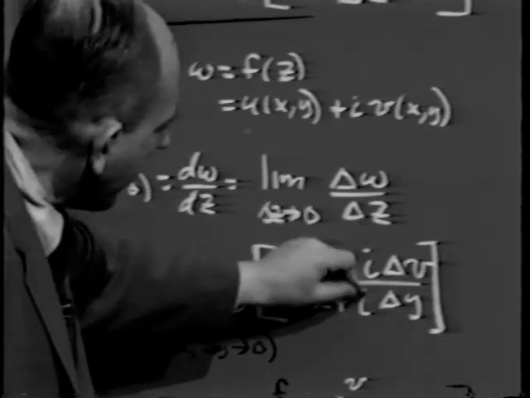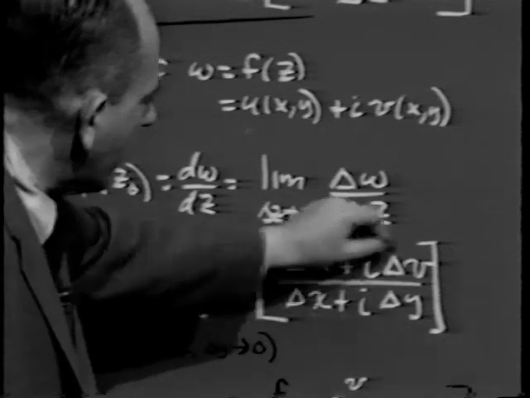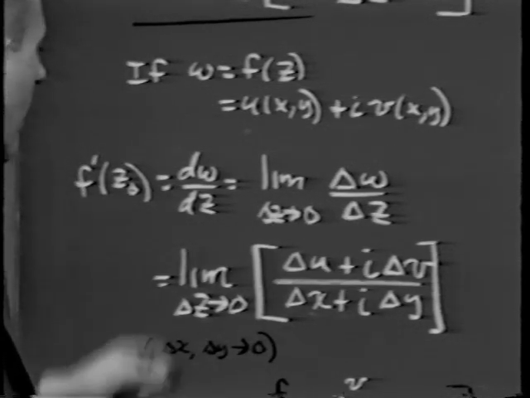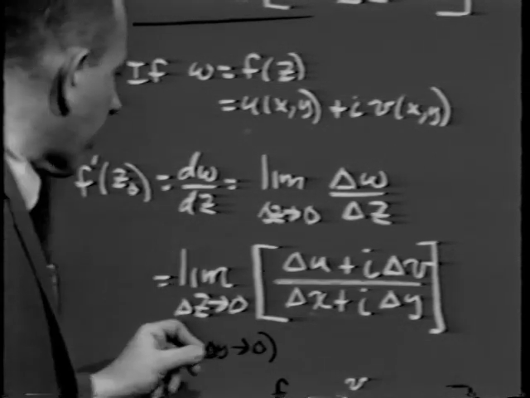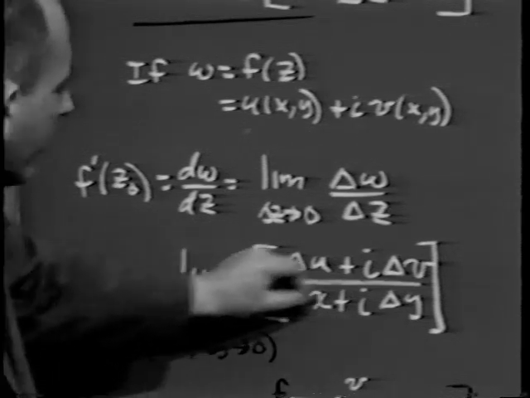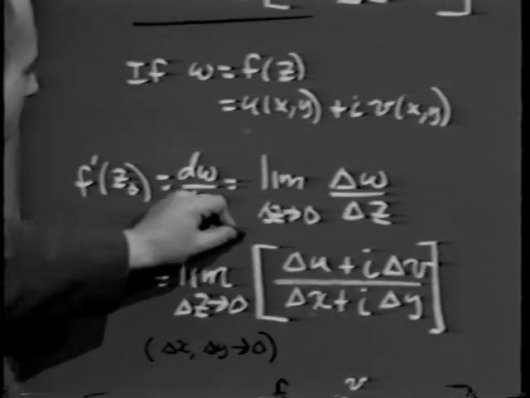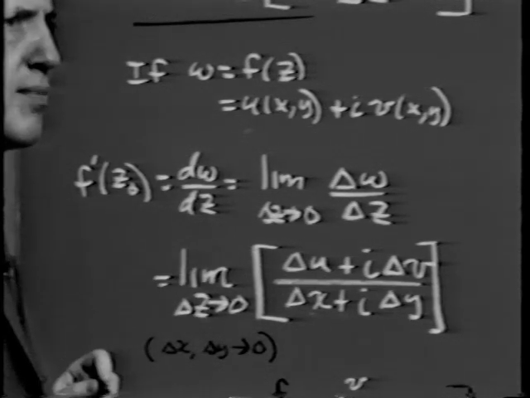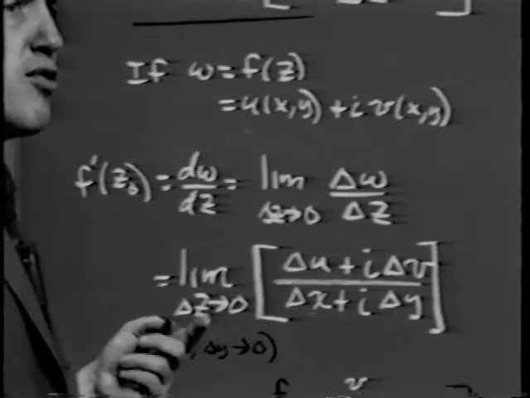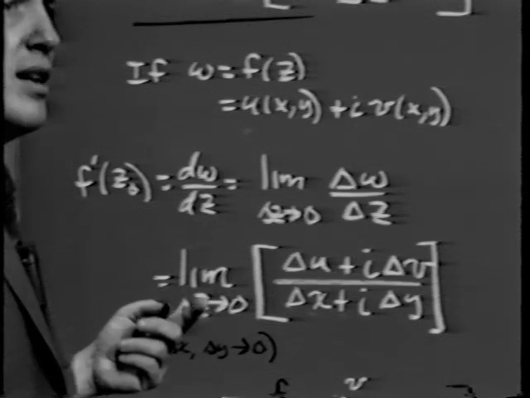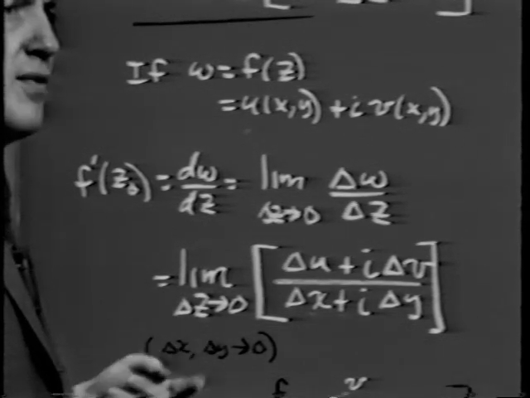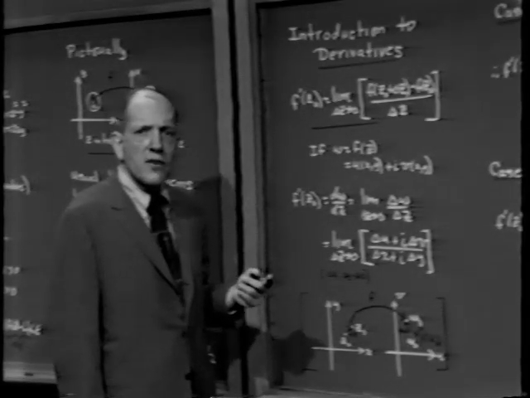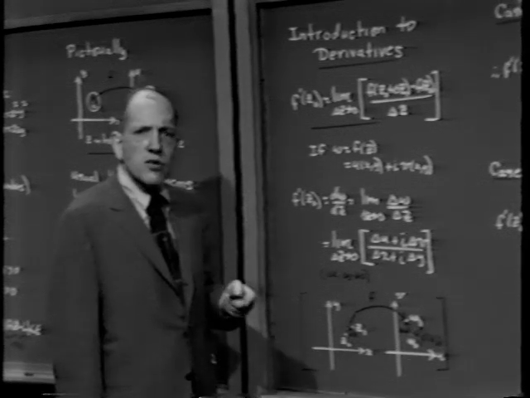And notice that with the exception of the i appearing here, everything else involves real numbers. The very, very crucial thing to notice is that not only must this limit exist, but it must exist independently of the direction in which delta z approaches 0. This is much stronger than the corresponding notion of a directional derivative when we were talking about real-valued functions of several real variables.